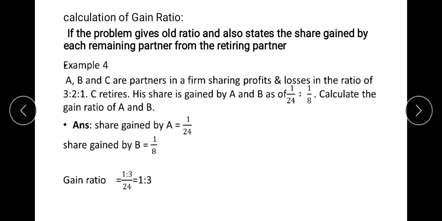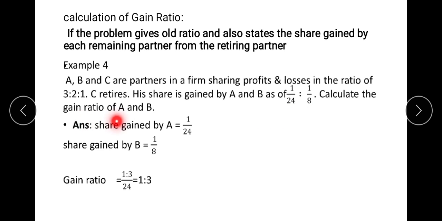If the problem gives old ratio and also states the share gained by each remaining partner from the retiring partner. A, B and C are partners in a firm sharing profits and losses in the ratio of 3:2:1. C retires. His share is gained by A and B as 1/24 and 1/8.